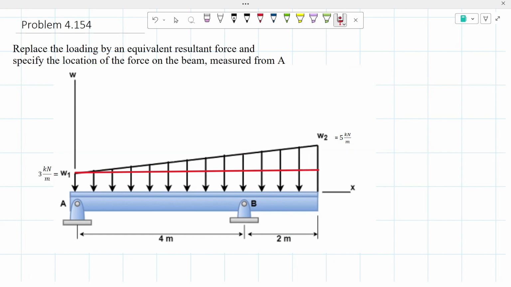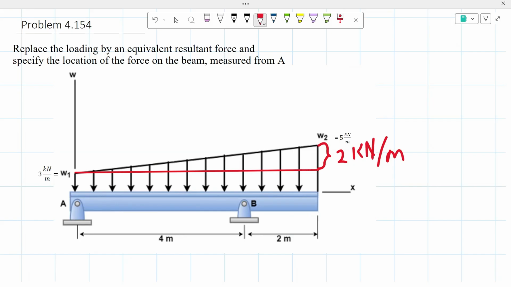But now since we cut that, we took some of that away. To determine the new max weight of that right triangle, we're simply going to be subtracting the 3 kilonewtons over meters from that 5 kilonewtons over meters, giving us that this has now a max weight of 2 kilonewtons per meter.